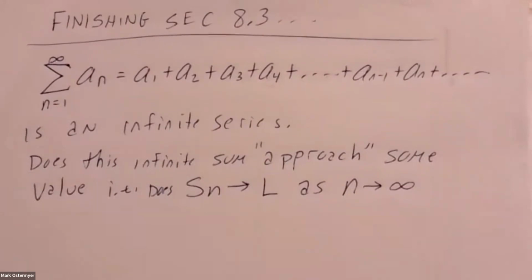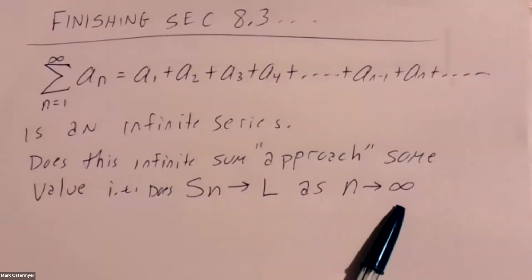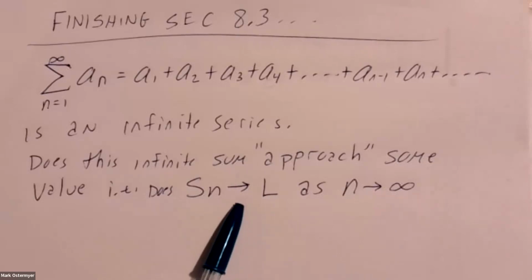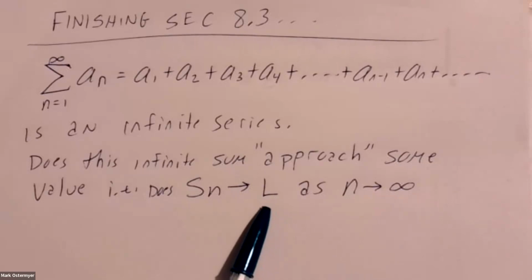In other words, as we add up more and more terms, ultimately allowing ourselves to add together, theoretically speaking, an infinite number of terms, does this partial sum tend to settle down or approach some limiting value, L?